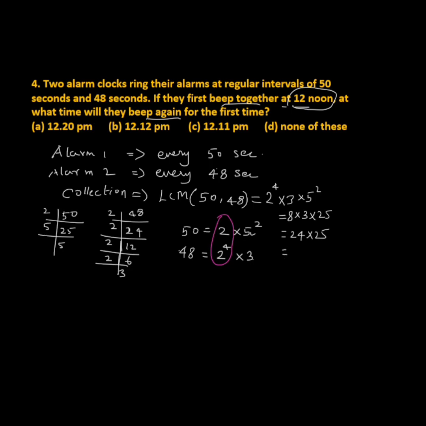So 48 into 25. What is the product of 48 and 25? We get 1200. So 1200 seconds.